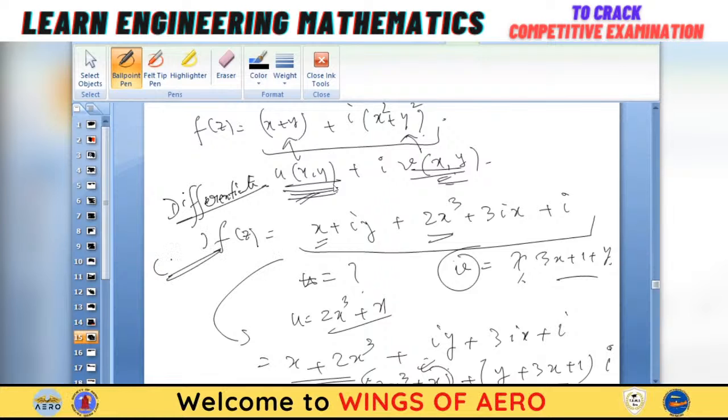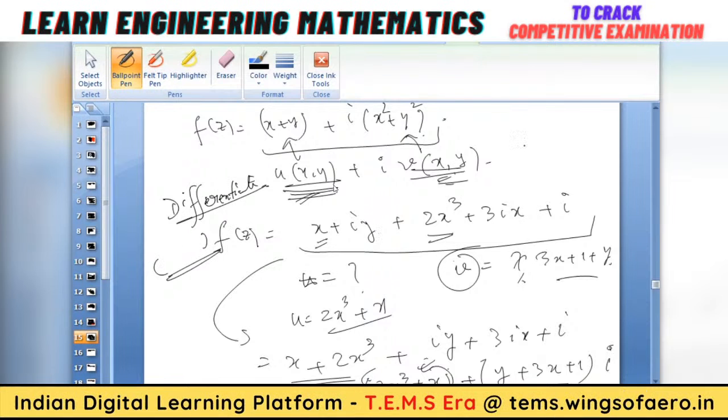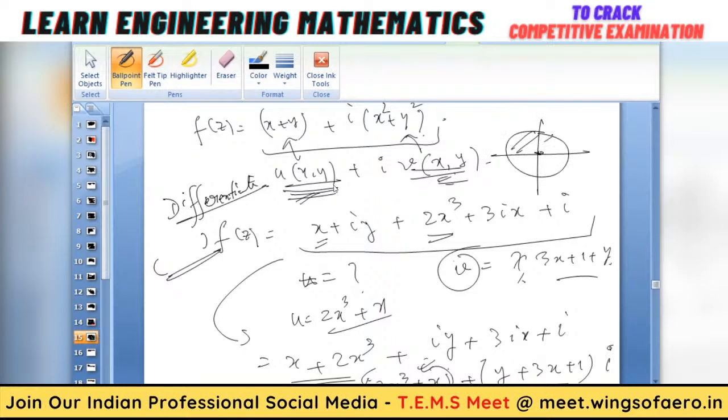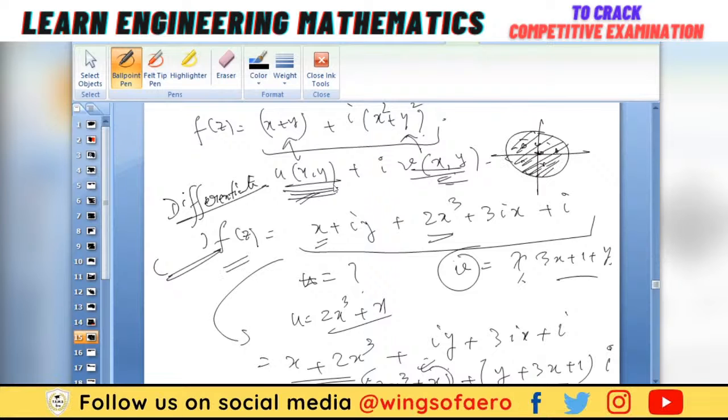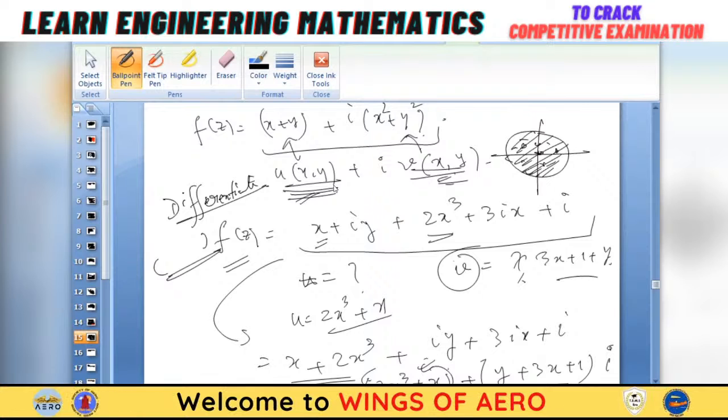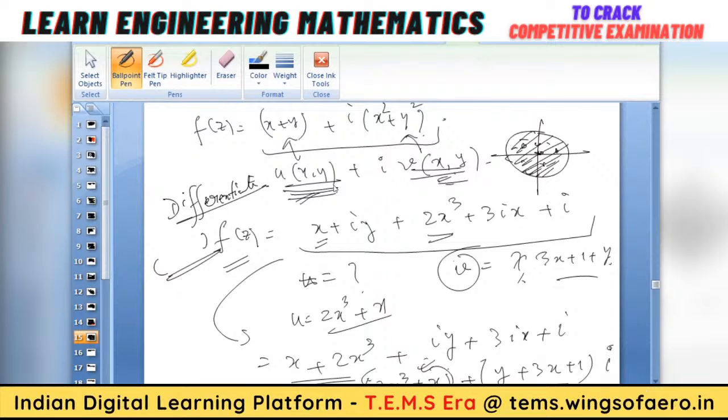Suppose I give an interval or a region, and a function f(z) is analytic within this circle. It means that at each and every point of this circle, the function f(z) is differentiable. That is, differentiable at multiple points within the range. Each and every point within the range, if the function is differentiable, then it is called analytic.